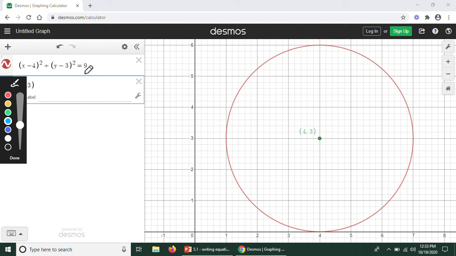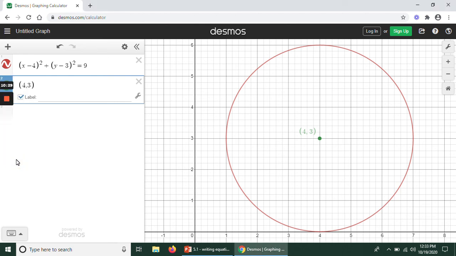All you need to do is take this number and find the square root of this number, and you are going to get the radius of the circle. Okay.